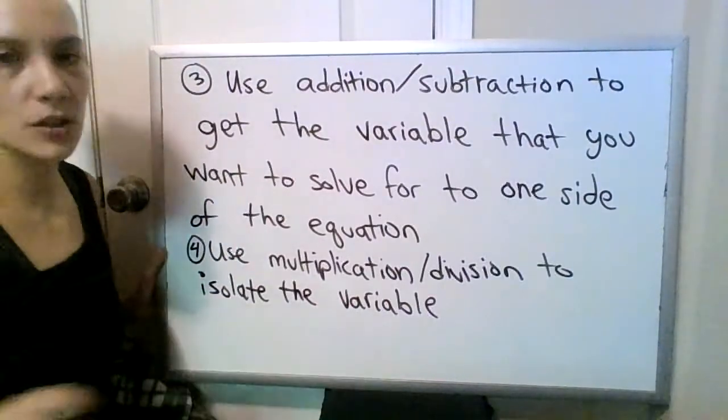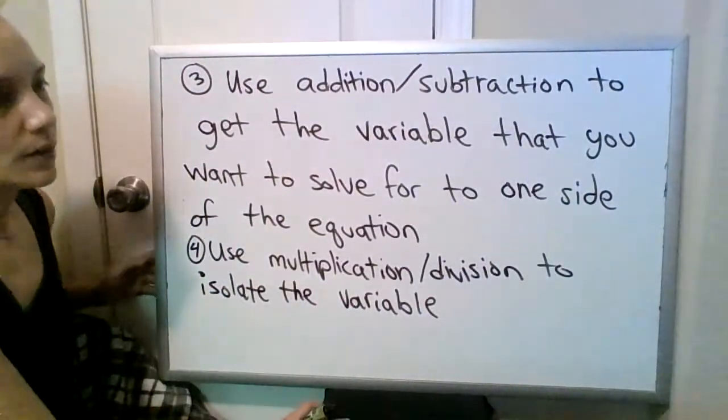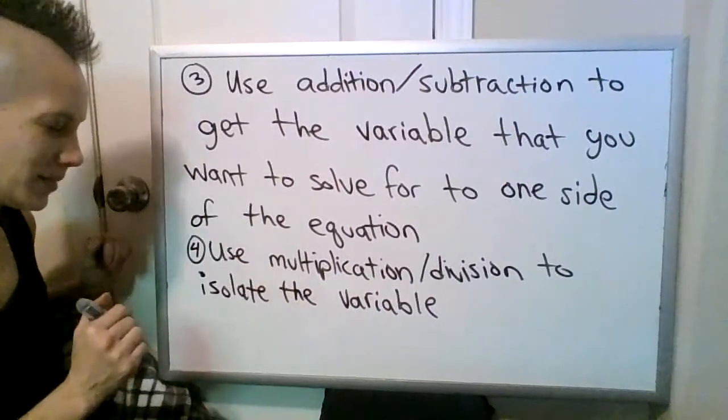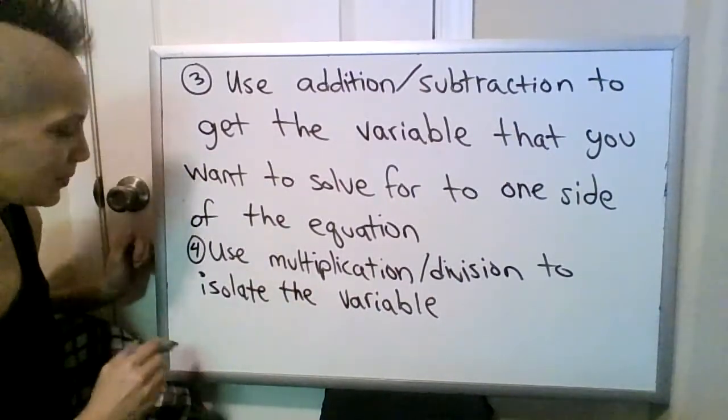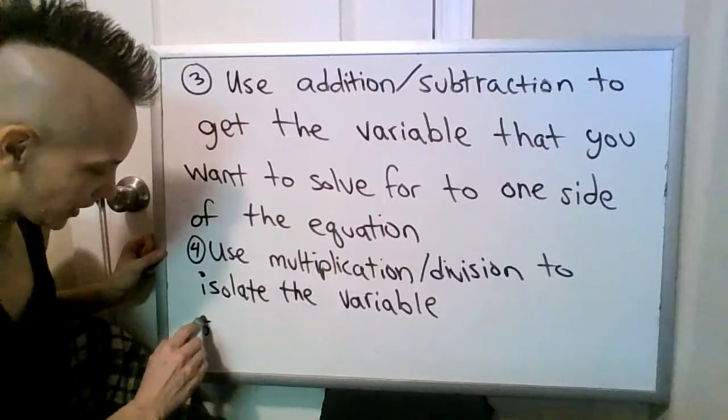The last step, number 5, would be to check your answer, which I'll have to remember to do. Sometimes I'm in a hurry and I skip it, but we need to stop and check.